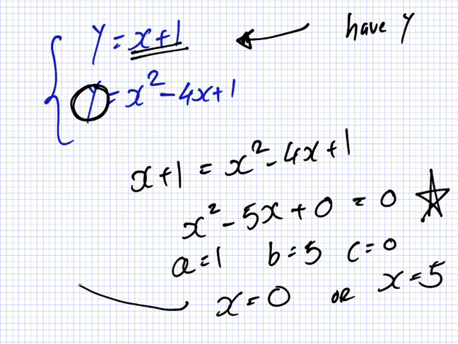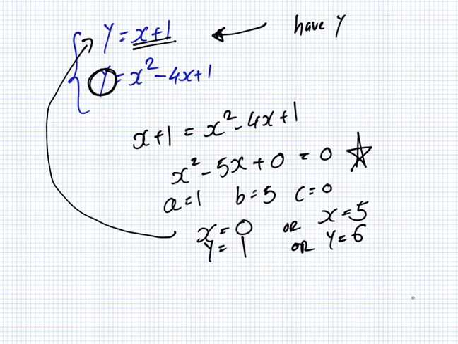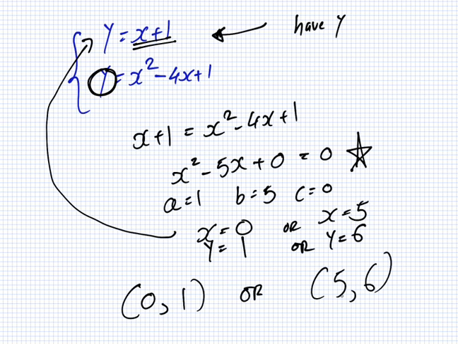So, if we put these values in here, I get y equals 1 or y equals 6. So, like I promised, we have two answers: 0, 1 or 5, 6. So as you can see, we can use the substitution method here.